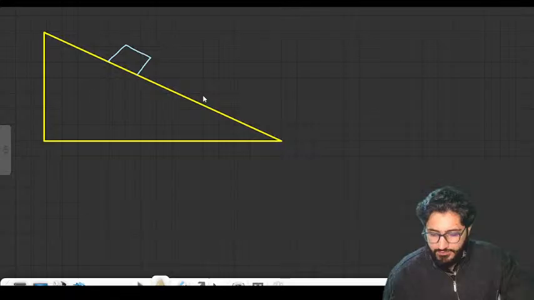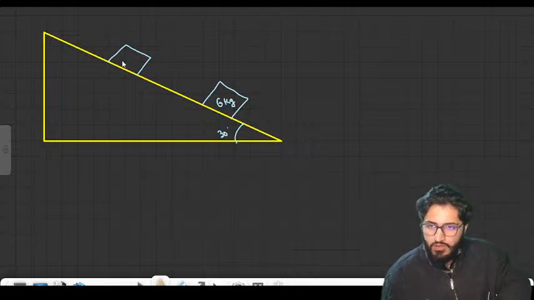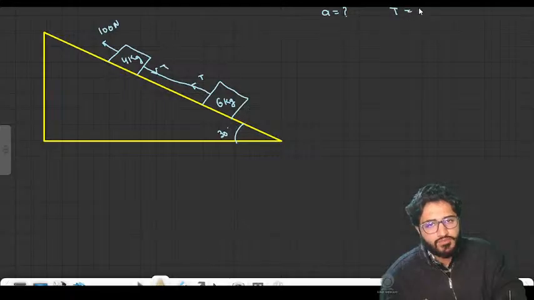One body, one more body. Angle is 30 degree. This one is 6 kilogram, 4 kilogram. You are pulling it with 100 Newton. Find the tension and acceleration. Give me acceleration, give me tension.